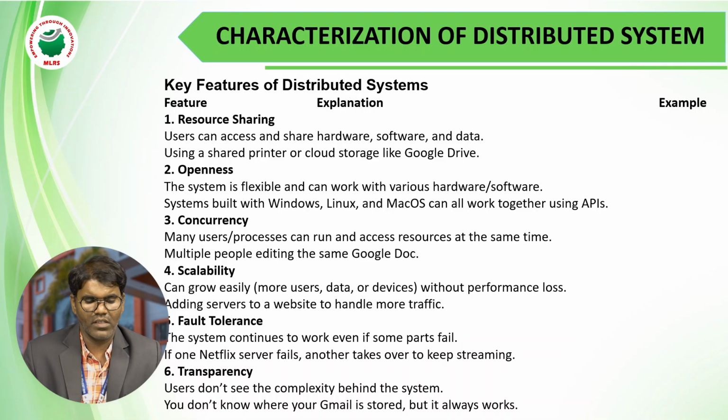And fault tolerance: the system continues to work even if some part fails. If one server fails, we can continue with another server. Example, if one Netflix server fails, we can use another Netflix server and stream from it. This is fault tolerance, meaning we can choose an alternate.